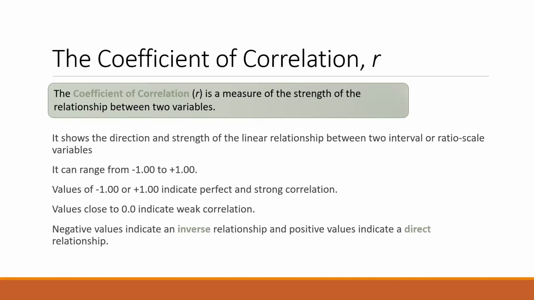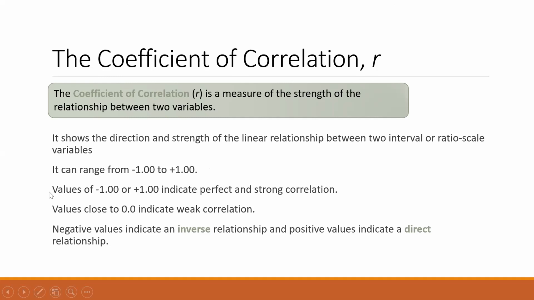To measure the relationship between two variables, we have a term called the correlation coefficient, or the coefficient of correlation, same thing. So R measures how two variables are related to each other, and R ranges from -1 to +1. Okay, that's the range. The highest is 1, the lowest is -1.